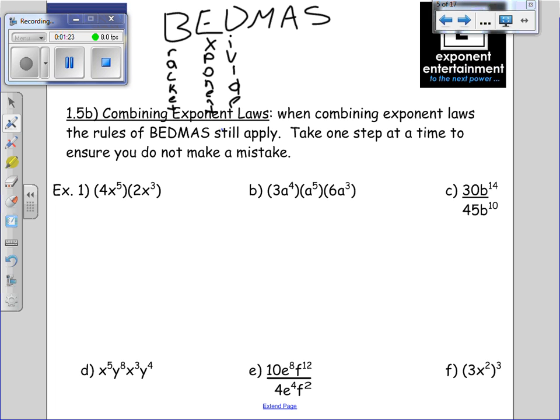It could be the M before the D. And then the A, and then the S. You can flip those ones too. Those are important. We have to follow those every single question or else it's not going to work.